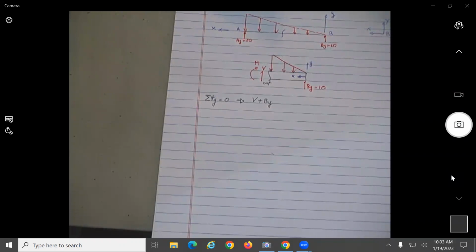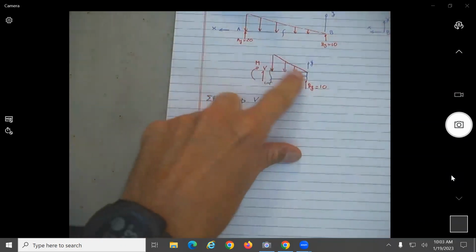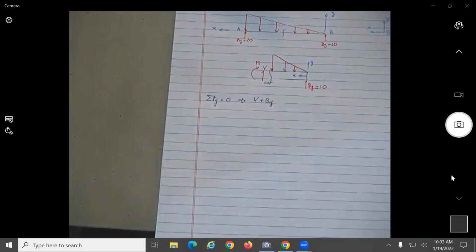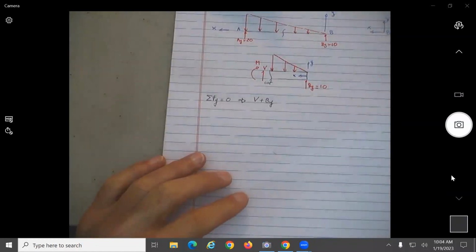Five times X over 2? No, because this is not 5. You start from 0. Again, this is supposed to be a review. This is supposed to be known from statics and fluid mechanics.